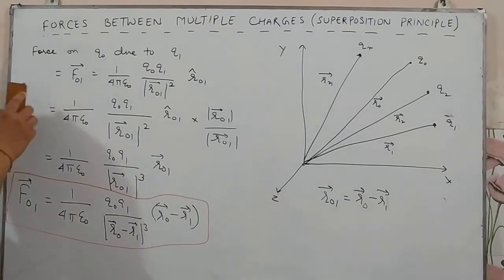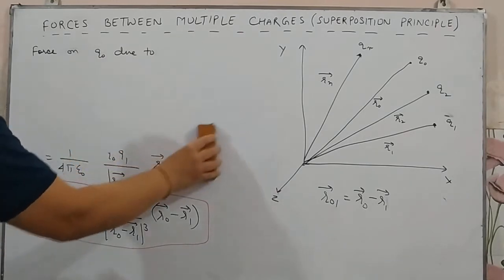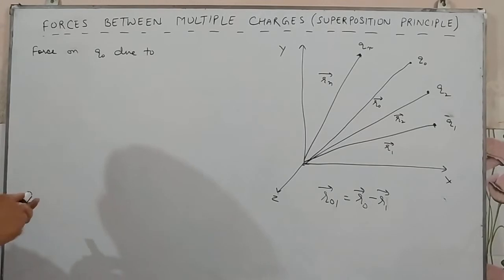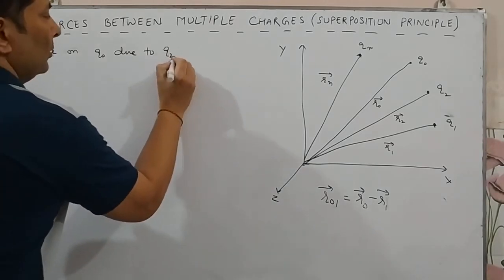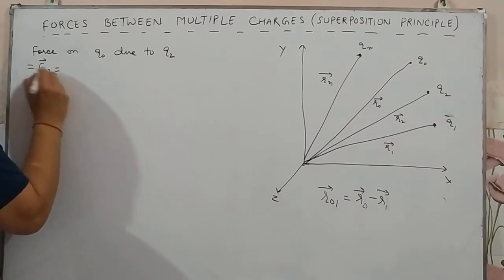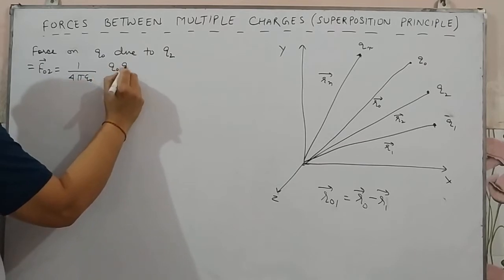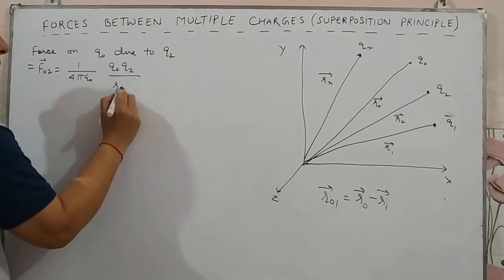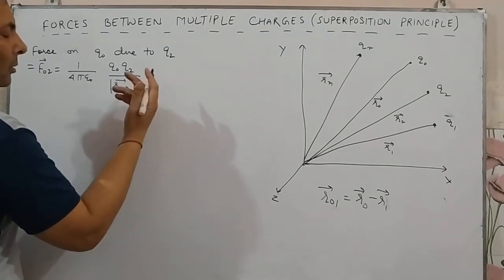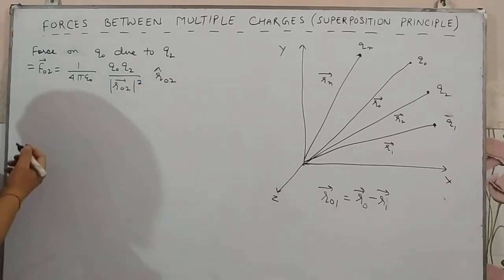Similarly, we can write for the other forces. So I write for q2 now. For q2 also, we have F02 equals 1 upon 4 pi epsilon naught, q0 q2 divided by r02 squared. In the simpler form, we have r02 cubed with the r02 vector.